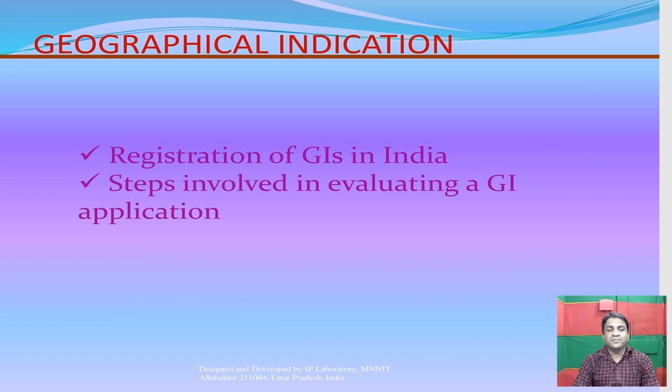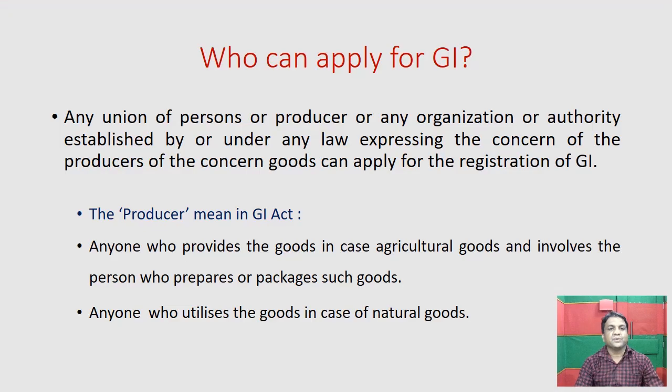Registration of a GI in India and steps involved in evaluating GI applications. Before studying the registration process of a GI, first we study who can apply for GI registration. Any association of persons or producers or any organization or authority established by or under any law, representing the interest of the producers of the concerned goods, can apply for the registration of a GI.